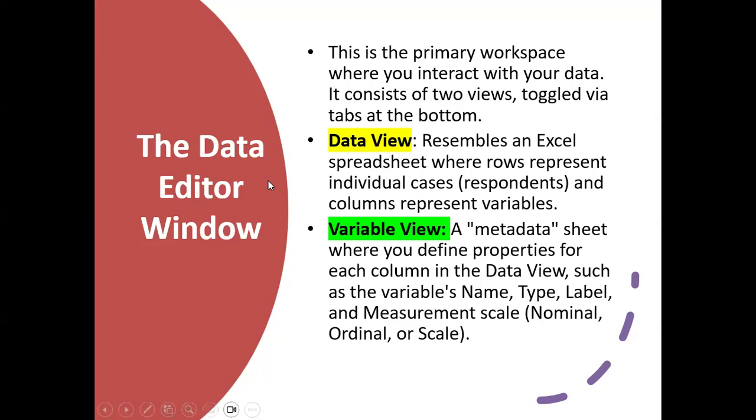Okay, so I think I have explained the data view. Let me see if I left something out. The data editor view is where you interact with your data. The data view and the variable view are normally found at the bottom, which you can be switching between. And the data view resembles that of an Excel spreadsheet where the row represents the responses of individual cases. In SPSS, when we say an individual case, we are making reference to a respondent or an employee.